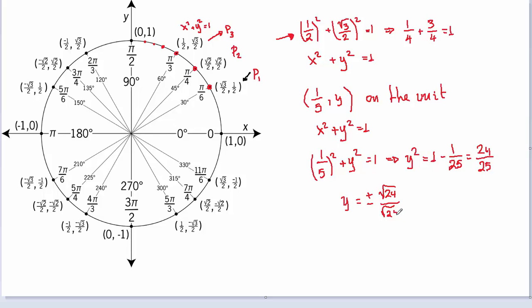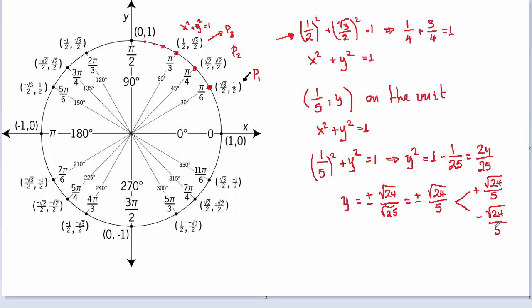Let me simplify this a little bit for you. This is going to be plus or minus square root of 24 divided by 5. You can simplify it further if you want, but this is not necessary. Let's leave it as is for the moment. Square root of 24 over 5 and minus square root of 24 over 5.